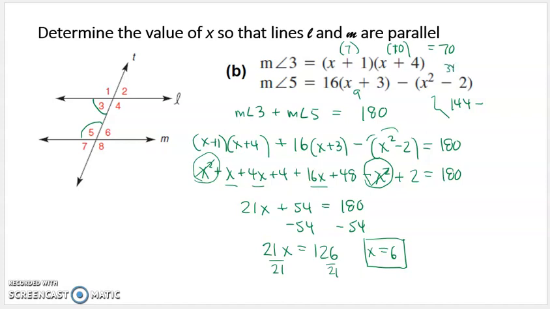So 144 minus 34 equals 110. So if x equals 6, then the measure of angle 3 equals 70. The measure of angle 5 equals 110 degrees. Those are supplementary. Supplementary consecutive interior angles. That means that L and M must be parallel.